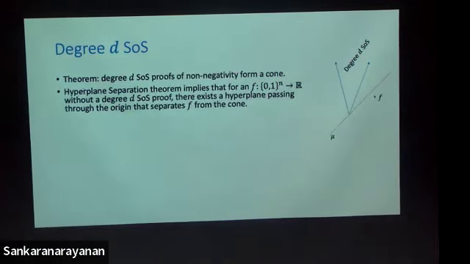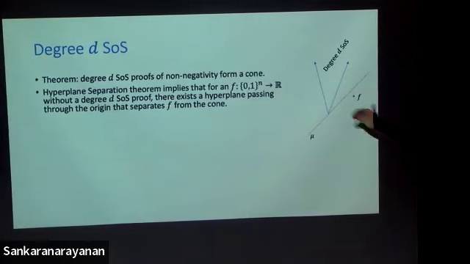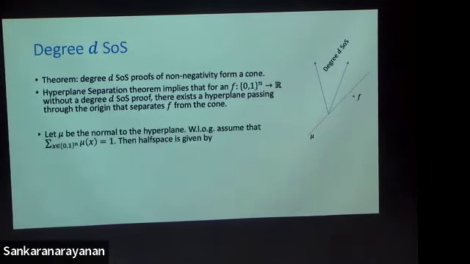Okay, so we are going to focus on this separation hyperplane and see what it tells us. Typically, we represent a hyperplane by its normal. So let us assume, just by scaling, that the summation over x of mu x is equal to 1. Scaling this does not change the hyperplane, because it's passing through the origin anyway.